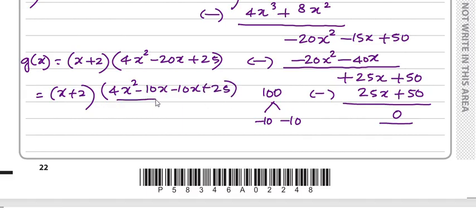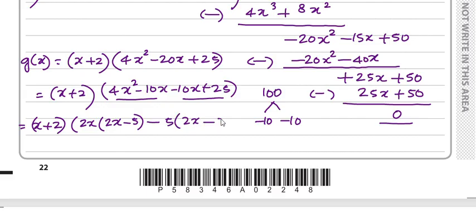Okay, so factorize this part and this part. That is equal to x plus 2 bracket, what's common here? 2x. Take out the 2x. So you have got 2x there minus 5 minus 5 bracket 2x minus 5.